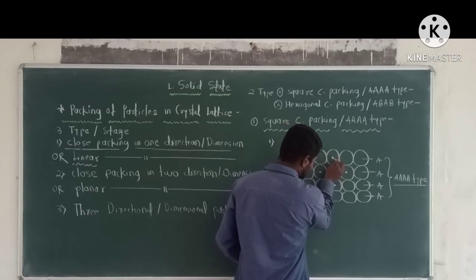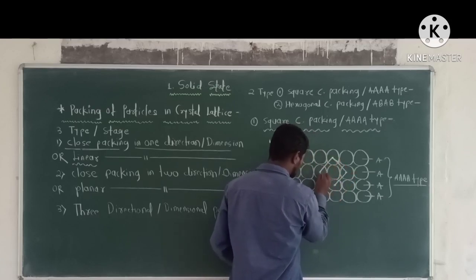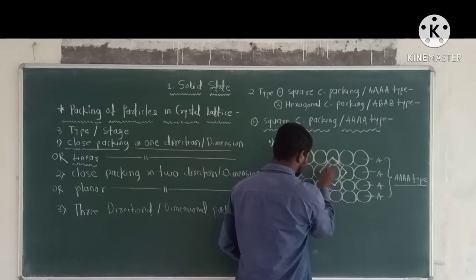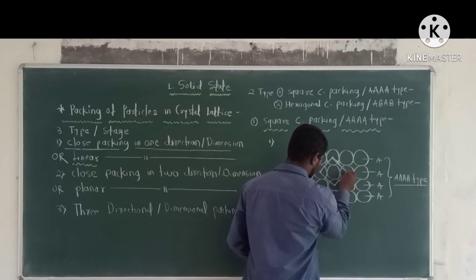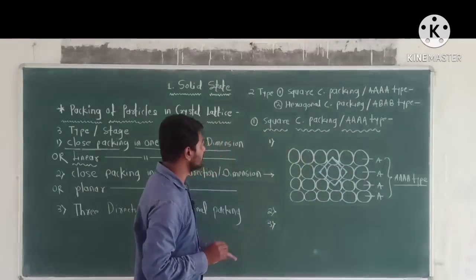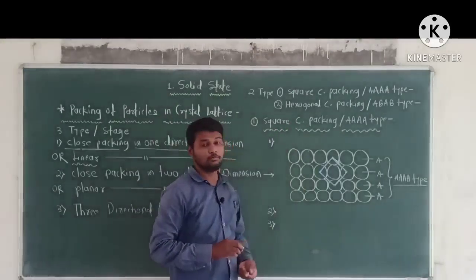So join these centers to form a square. Therefore, this packing is called square close packing.